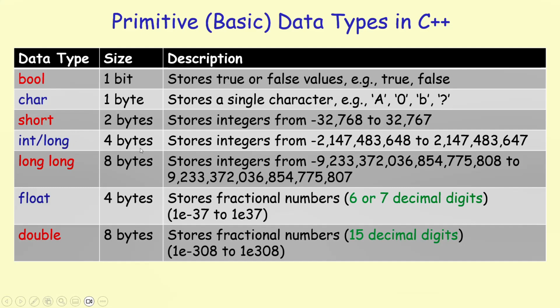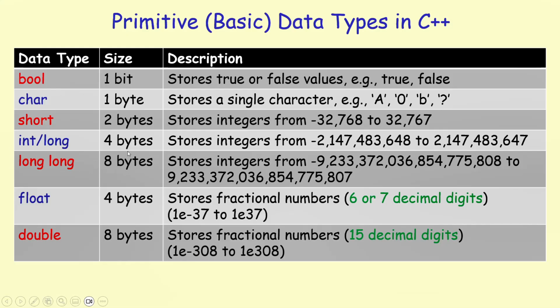It's not an 8-byte variable as you would see in Java. So it's an integer long. The range of values that you can store in an int or long variable is from about minus 2 billion up to 2 billion. Then finally, the last variable in this category is a long long.